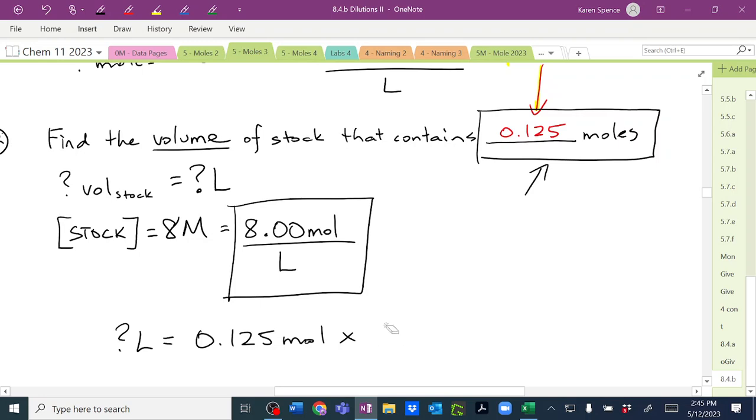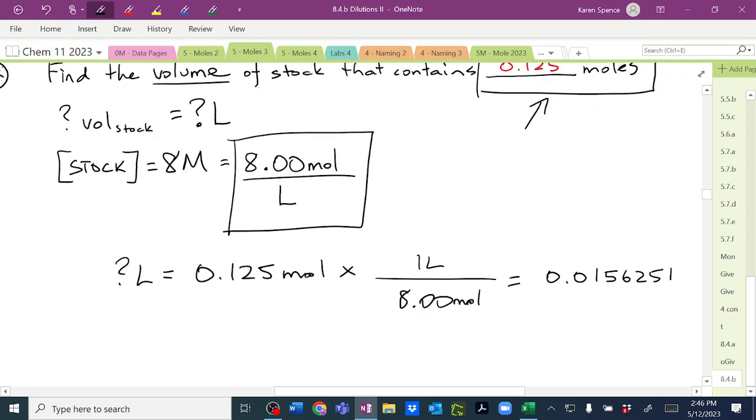Because I would have moles squared over liters, and that's ridiculous. 1 liter over 8.00 moles. That looks so much better. And we do our division, divided by 8 equals, and I get 0.015625 liters.